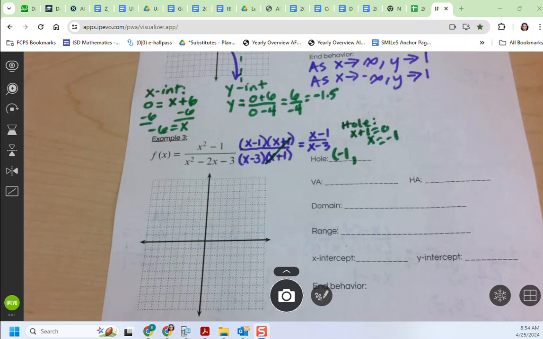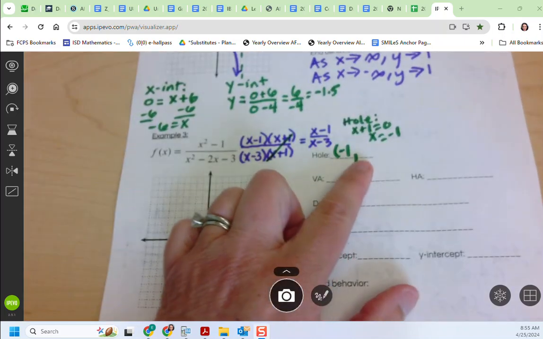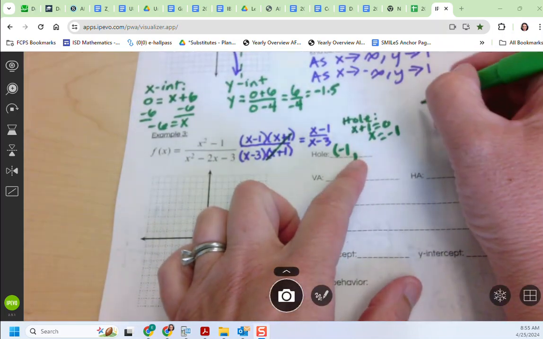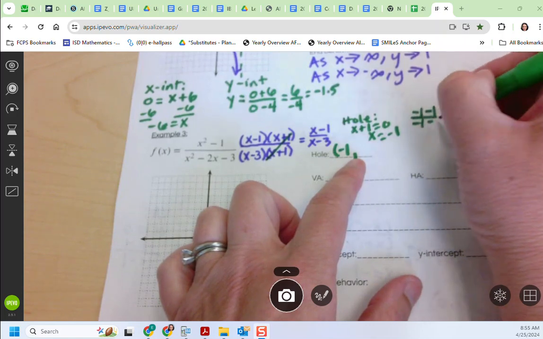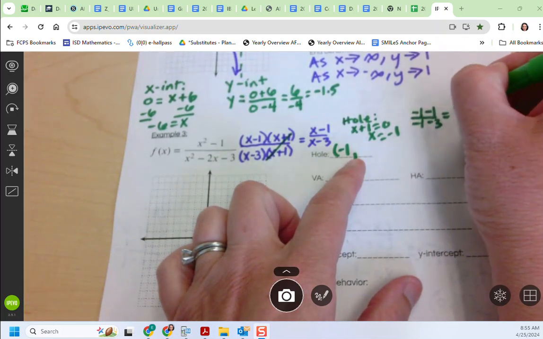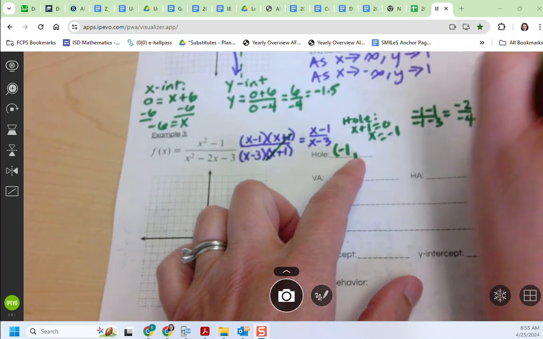What do I do with the -1 to find the y value? Very good. Substitute it for these x's, and then we'll find this. It might be a fraction, it might be a number, we'll see. All right, so we have -1 minus 1, -1 minus 3, -2 over -4.